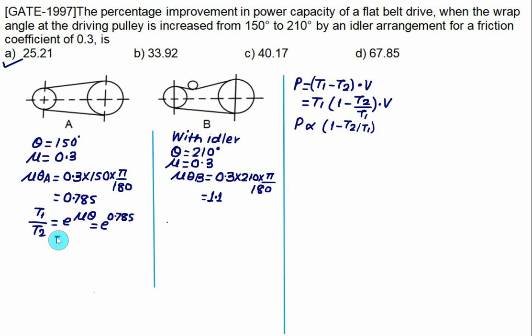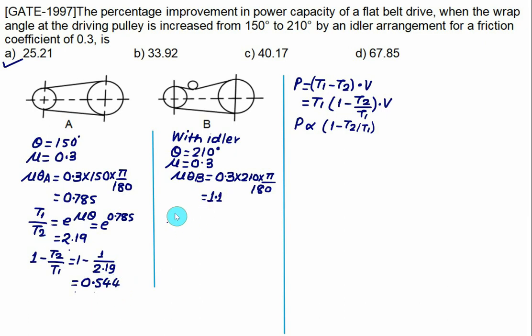So T1 by T2 equals 2.19, and hence 1 minus T2 by T1 is equal to 1 minus 1 upon 2.19. This answer is equal to 0.544.